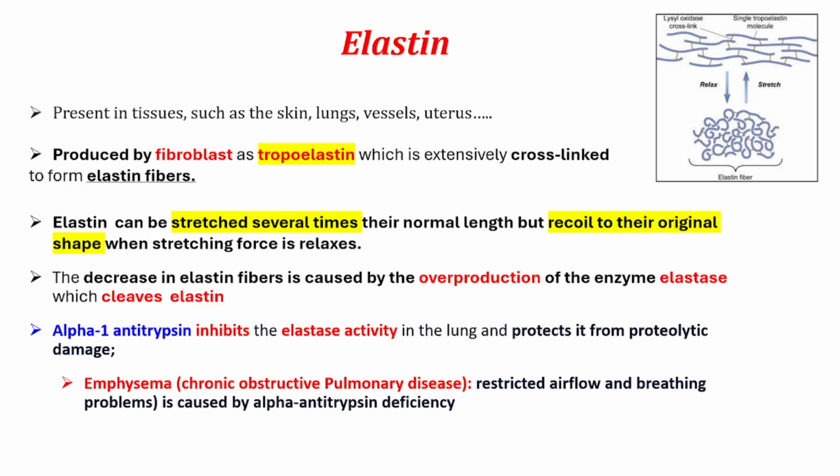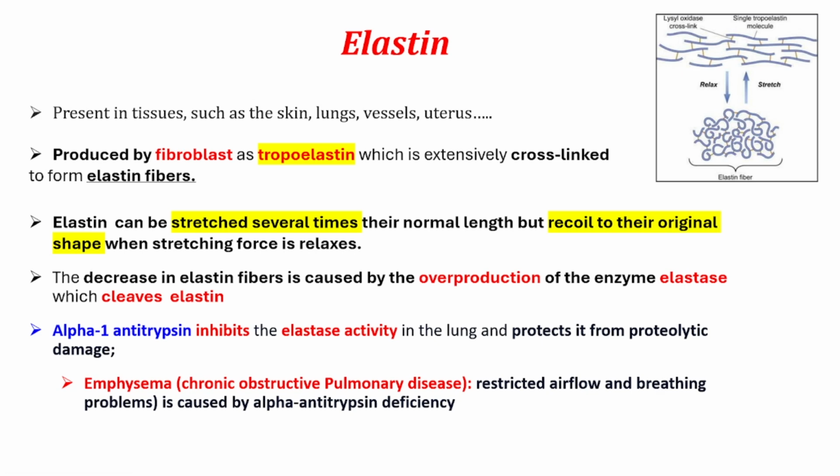The tropoelastin are arranged randomly, and then when they are stretched, they can be aligned, and then in the resting state they will recoil. Here we have a stretch, and here in the relaxation they will become a random coil. They align or they recoil.